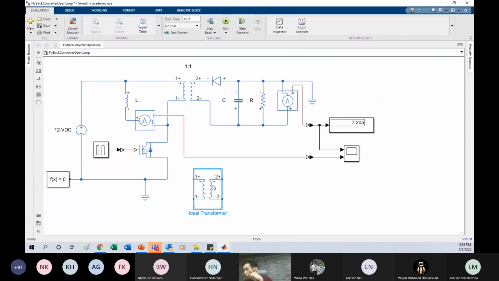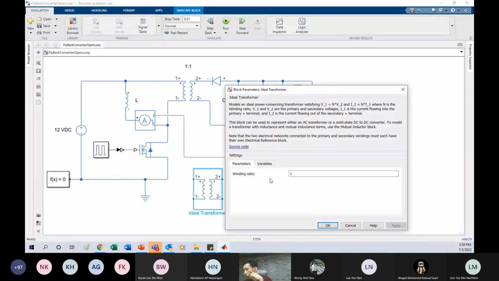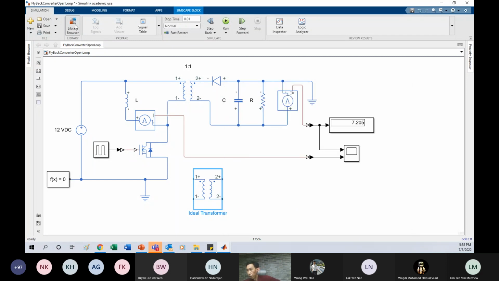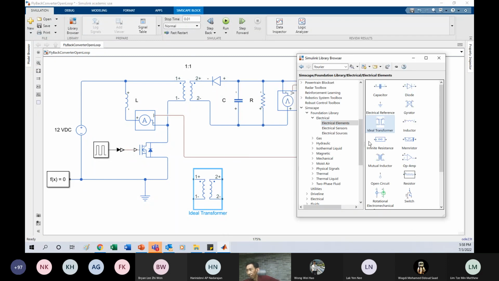This is ideal. When you click, there's only one thing to change. It's only the winding ratio. So this is the ideal transformer. Don't confuse it with the mutual inductor. There's a mutual inductor here, right?